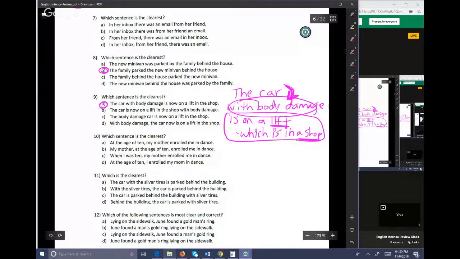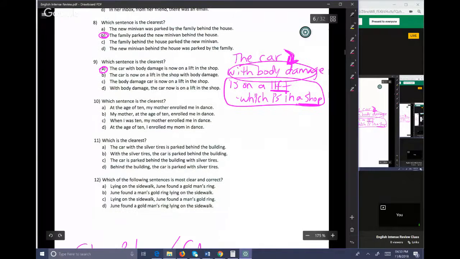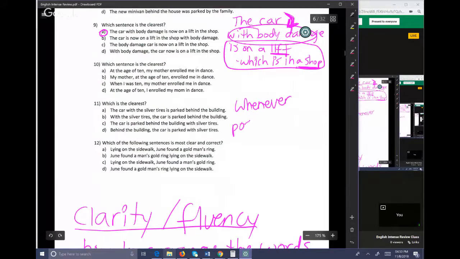So my point is whenever possible, and we said this in English 1 because we had some specific instances where we were able to not lead in with a modifier. And then we had a couple of instances where we were forced to lead in with a modifier. So context is everything when it comes to that.